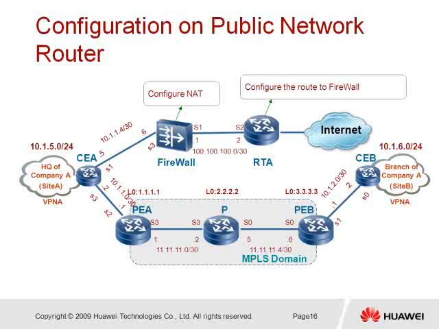After the configuration above is done, the users of every site of VPN A, including the HQ of Company A and the branch of Company A, can access other sites and the Internet.